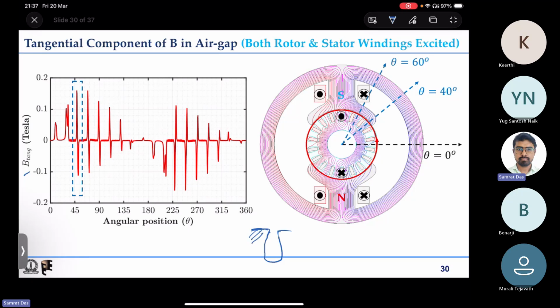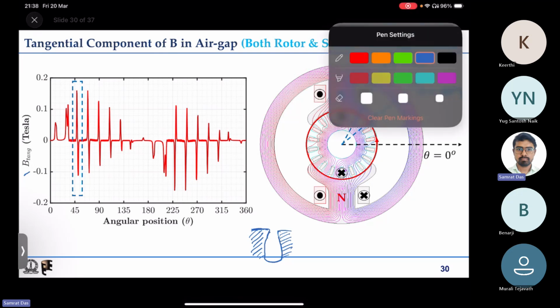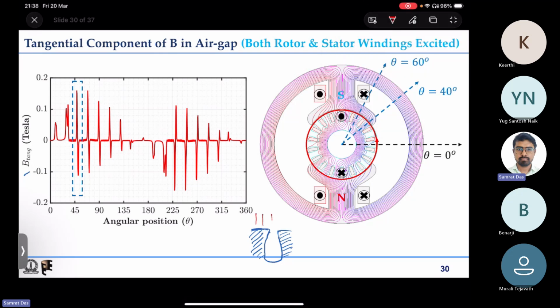So this is one teeth, this is another teeth, and in between you have a slot. So flux lines, if they were coming for a smooth rotor, now because of the presence of the slot, on one side they will get bent like this on the left hand side, and on the other side some flux lines will get bent on the right hand side.